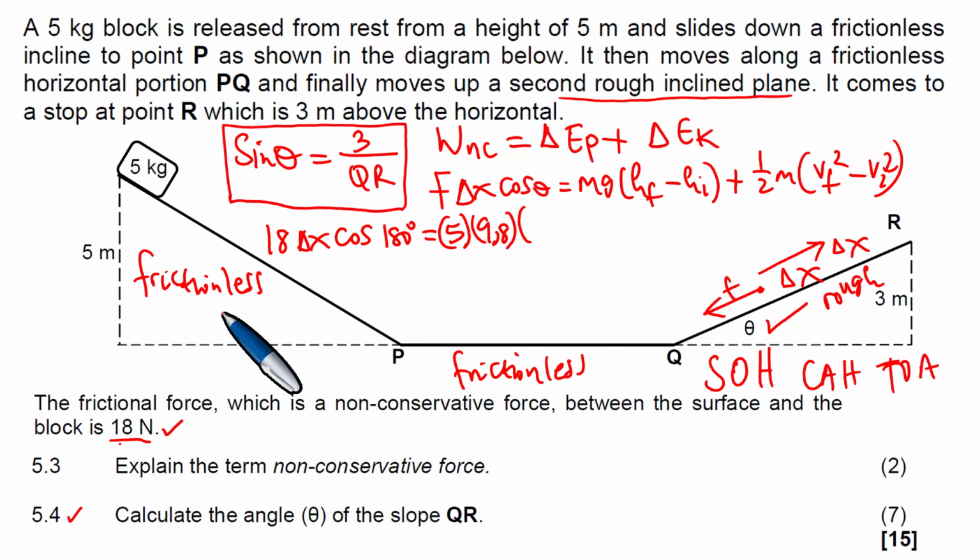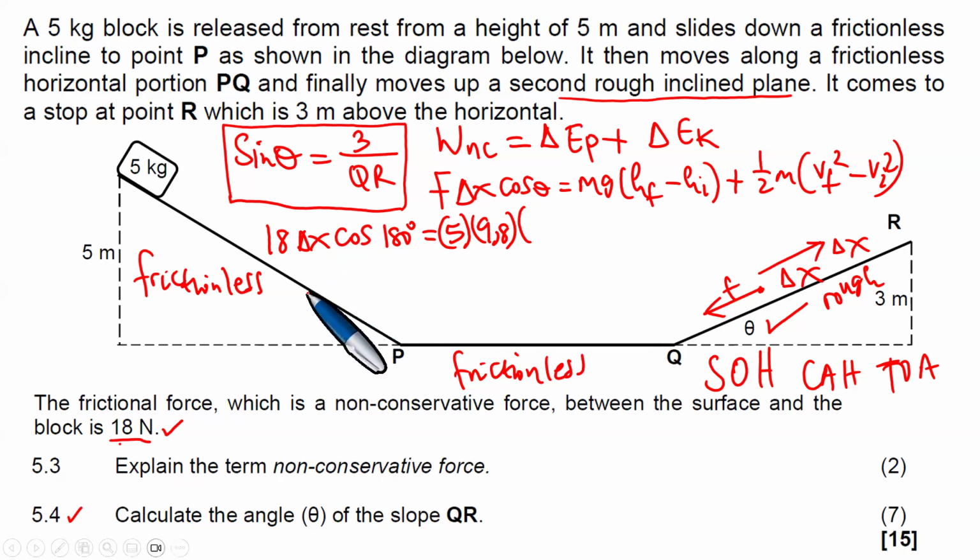We agree that it went through frictionless, then rough with friction. So now we realize that the one significant force acting here is friction. And the friction is 18 newtons, delta x cosine 180.